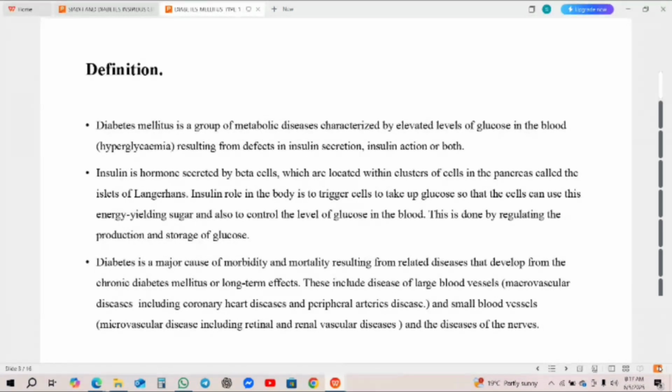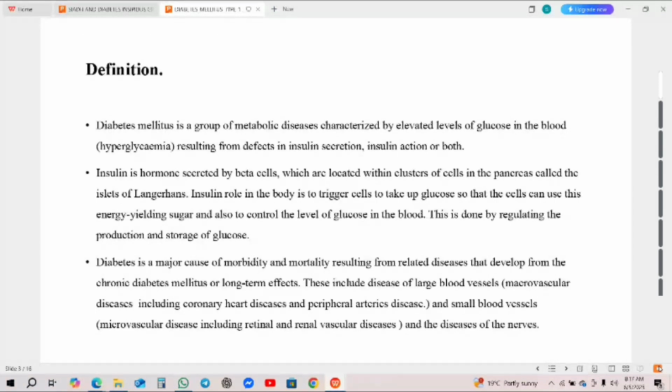And we have renal vascular disease: when it is elevated and cannot be controlled, the kidney will overwork and lead to chronic kidney failure. And the next disease is the disease of the nerves.